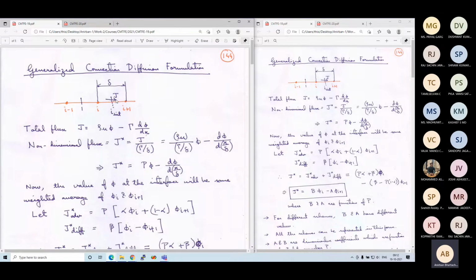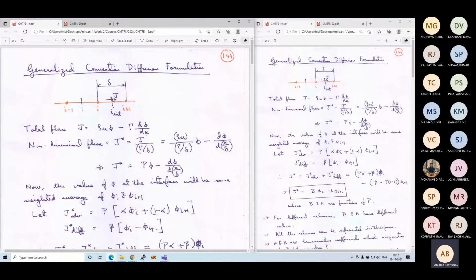The overall flux is the summation of the flux due to convection or advection, that is, movement or transport of phi due to flow from I to I plus 1, plus transport of phi due to diffusion from I to I plus 1. So what is total flux?